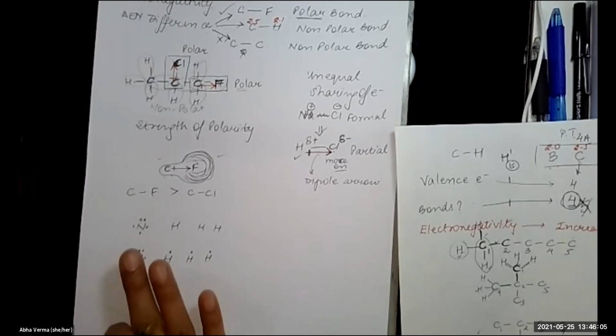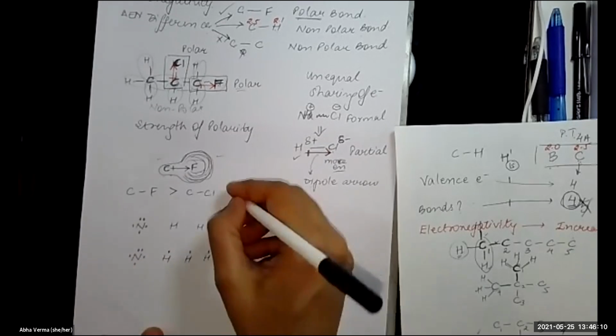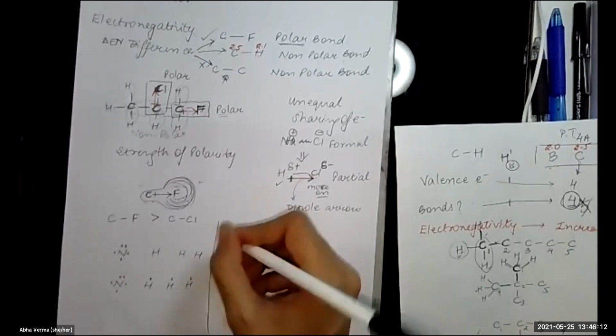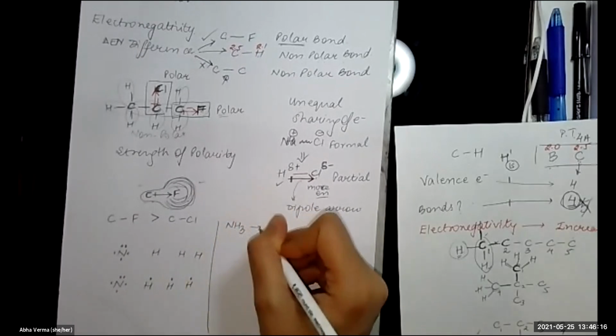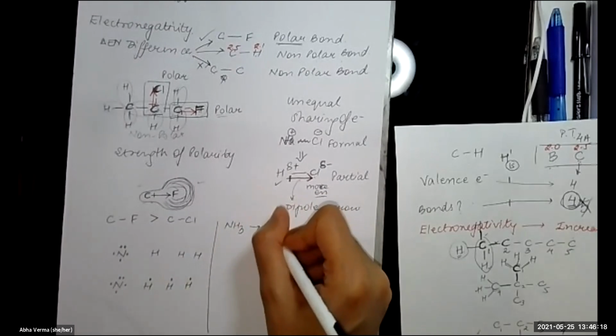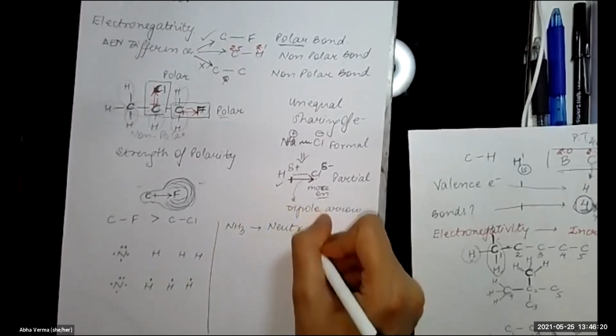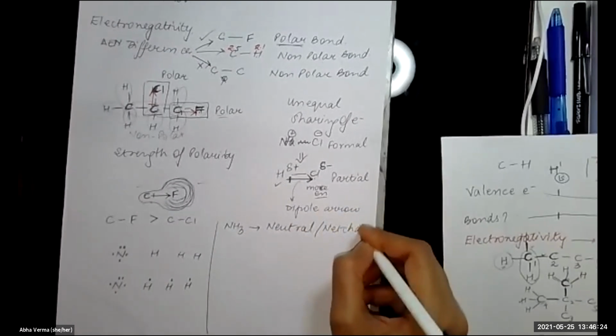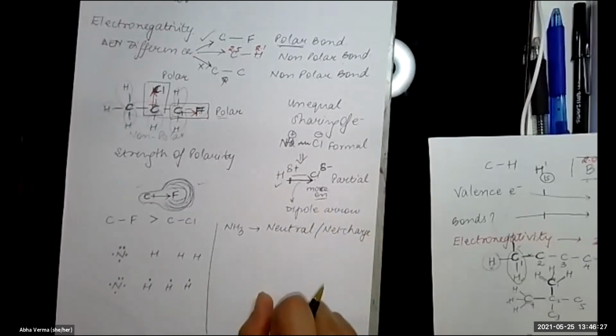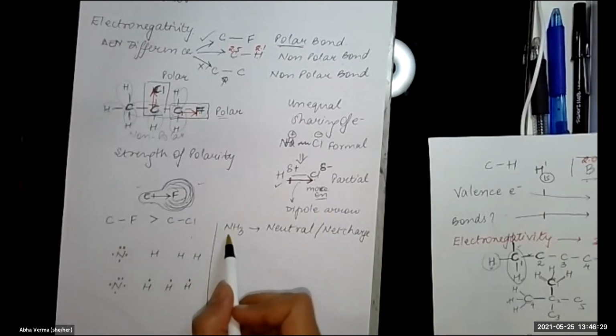But how do I make my molecule? For example, I have NH3. I have to check whether it is a neutral molecule or if there is a net charge on it. For NH3, there is no charge.